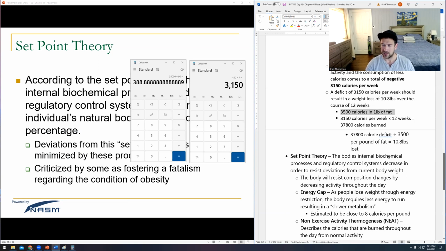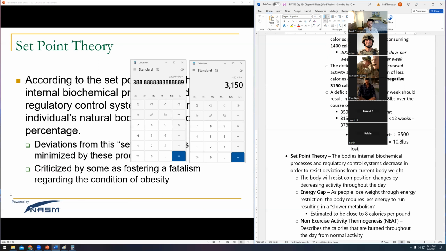There's 3,500 calories in a pound of fat, 3,150 per week for 12 weeks, 37,800 calories. Now, again, as she starts getting closer to her goal, like when she loses 5 pounds and she's halfway there, we should probably reassess and see if we need to make adjustments. But in my example here, we gave her like 90 days to do this.